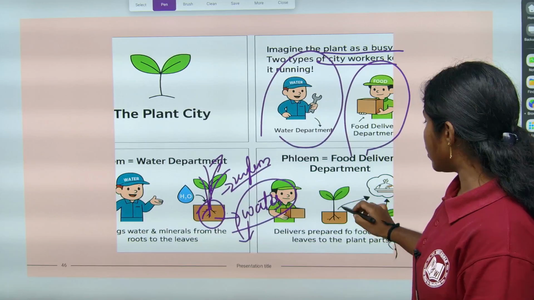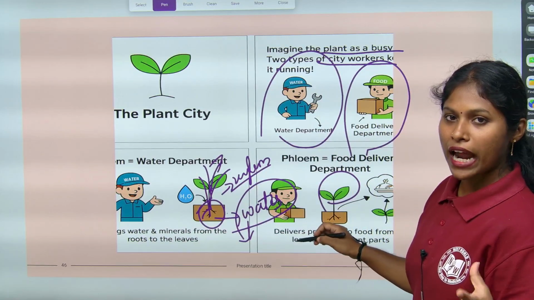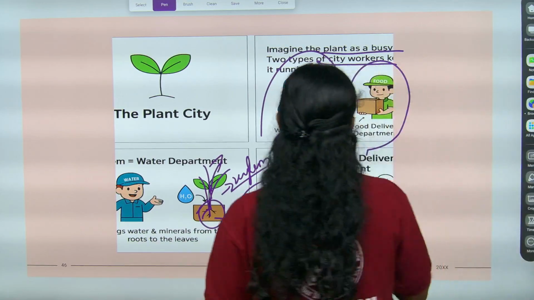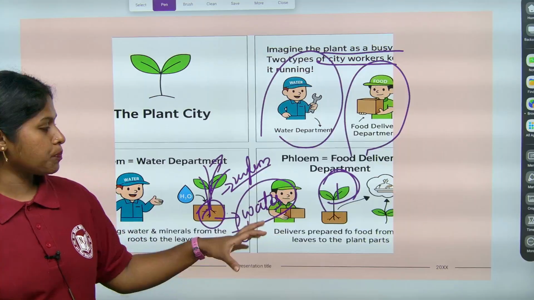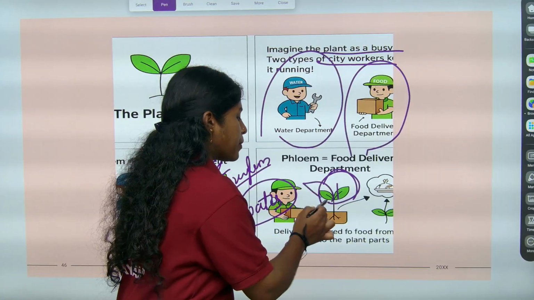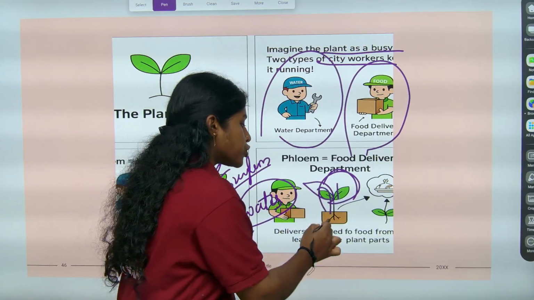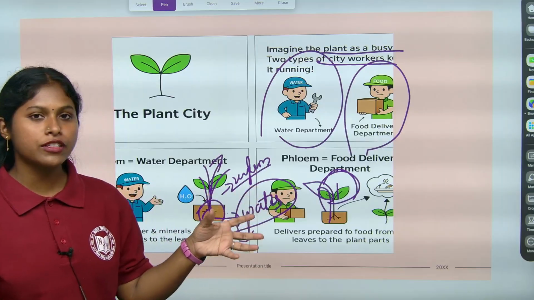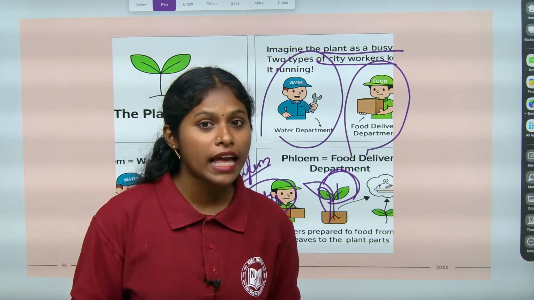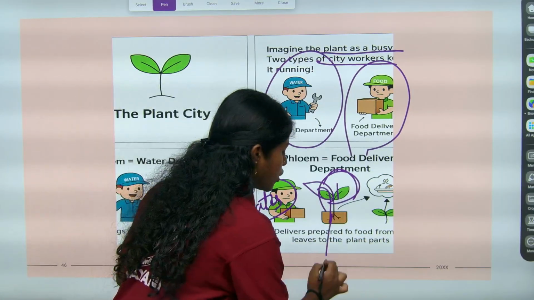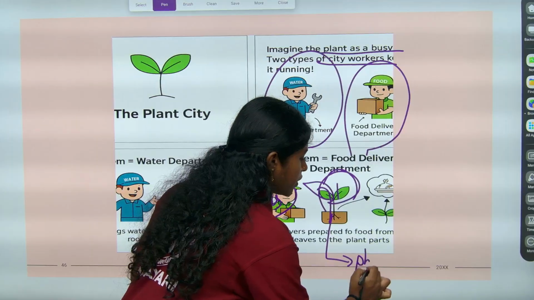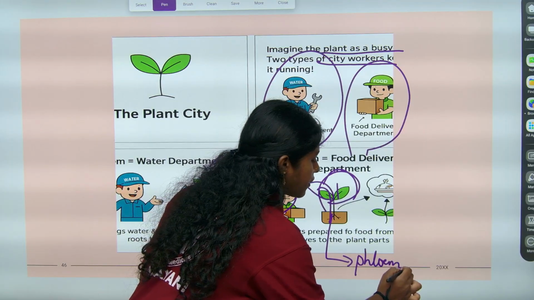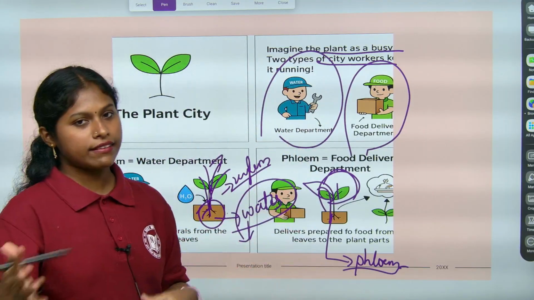See here, the kitchen of the plant, where the preparation of food happens, is the leaves, right. The food prepared in the leaves should be delivered to all parts of the plant, right. Which tissue is helping? Nothing but phloem. The phloem tissue will come and transport the food which is prepared in the leaves, right.